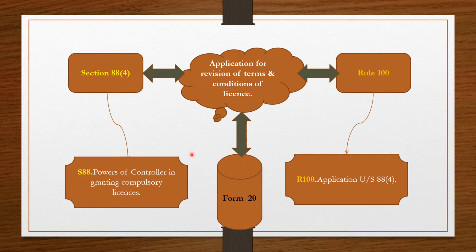The related section is section number 88, and the related rule is rule number 100. Section 88 is about powers of controller in granting compulsory licenses, and rule number 100 is application under section 88 subsection 4.